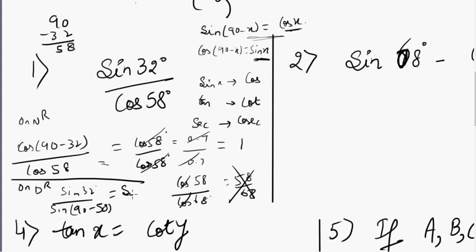So it will become sine 32, and from here we can see that 90 minus 58 is also 32. So sine 32 will again give the same values on numerator and denominator, and we can cancel this term as a whole, again repeating that you can't cancel sine individually. So it will be 1. So the answer of this question is 1.